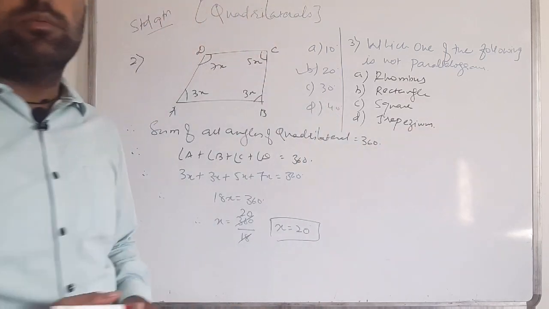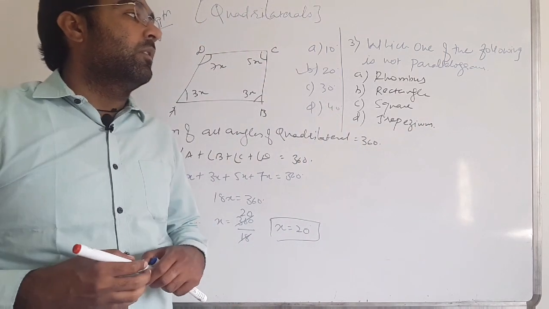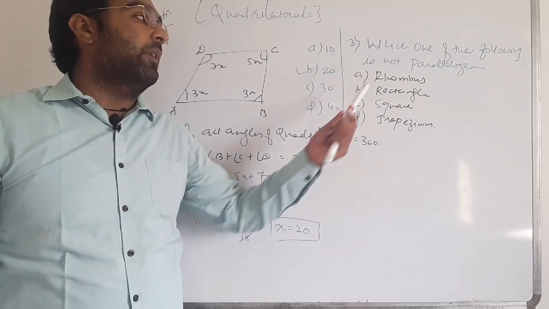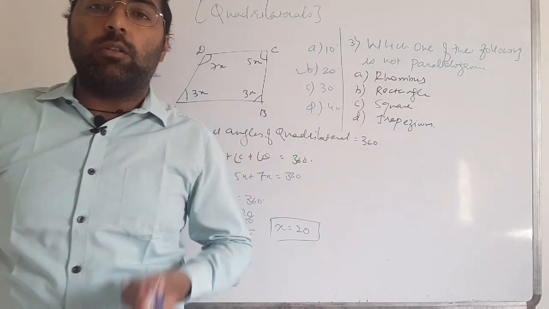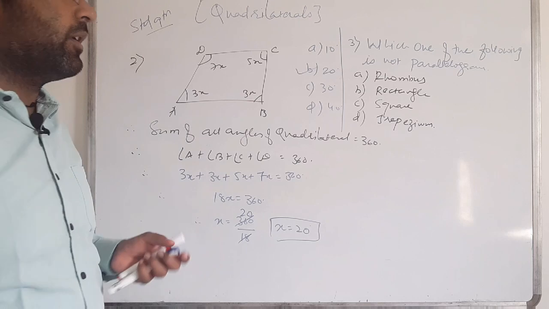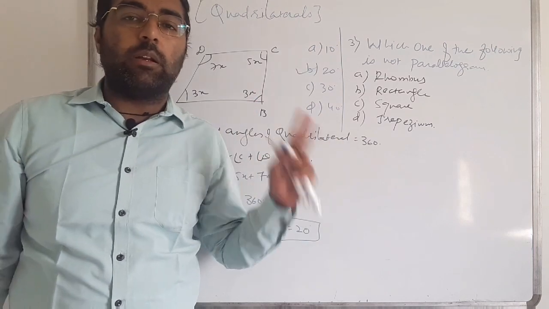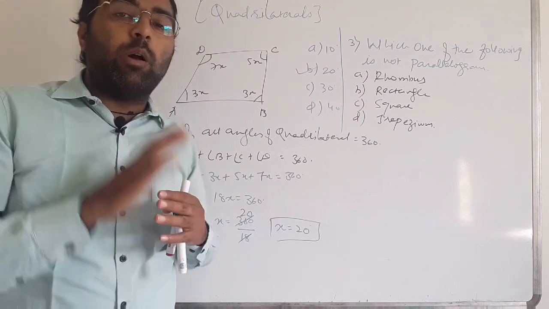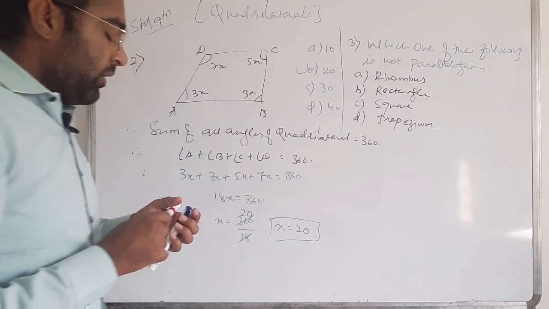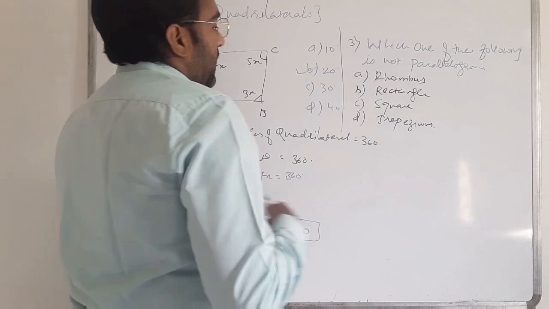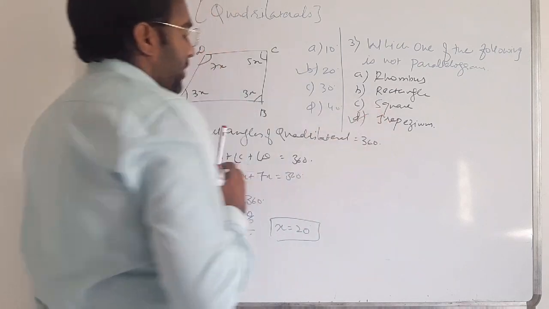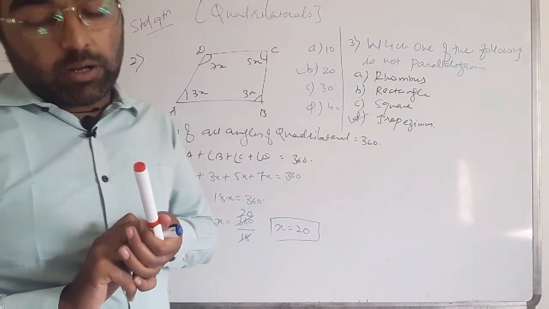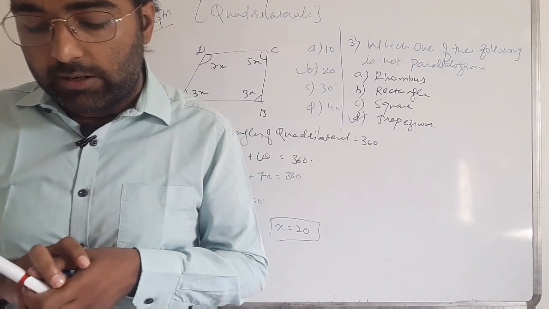Okay, so we know that all the types of parallelogram, that is rhombus, rectangle and square, all three are types of parallelogram, and only trapezium and kite are not types of parallelogram, but they are types of quadrilateral. Okay, so my answer will be D, trapezium, that is not a parallelogram but is a quadrilateral. Clear that?